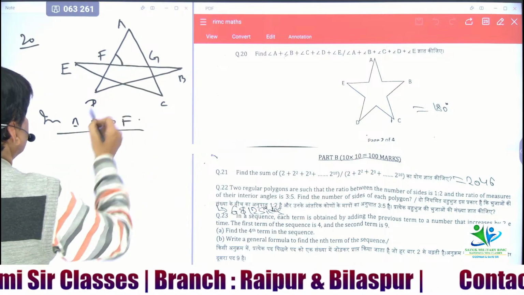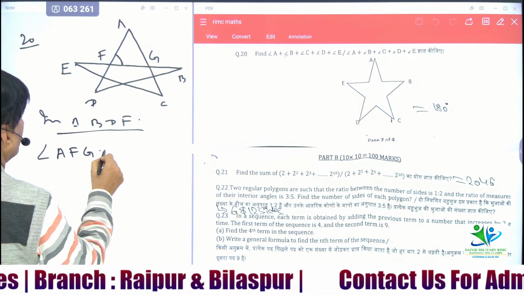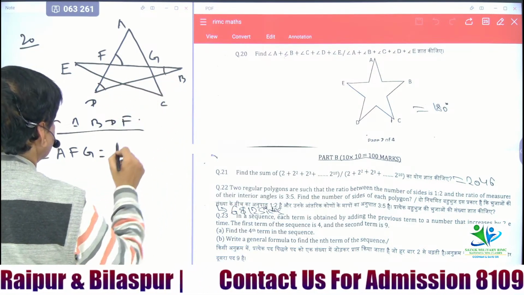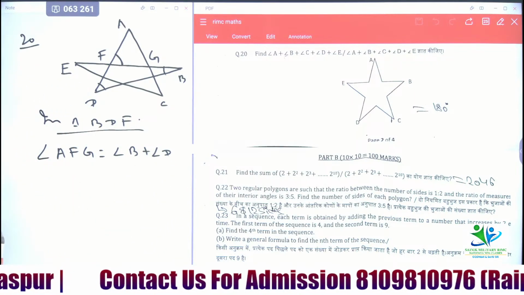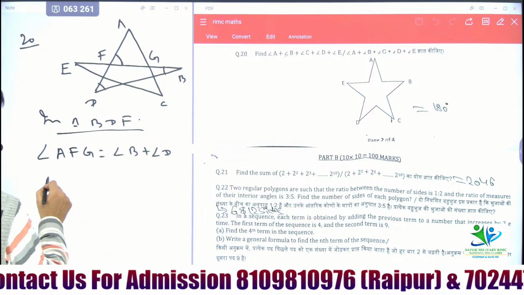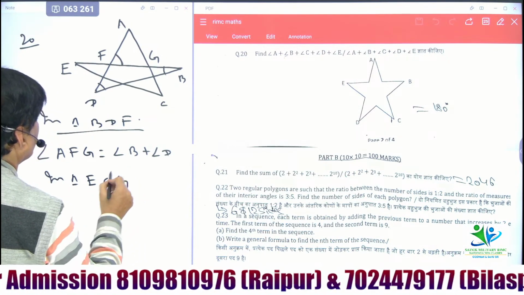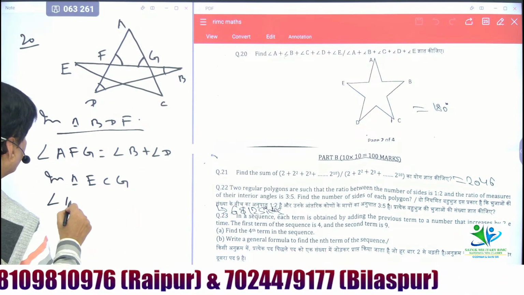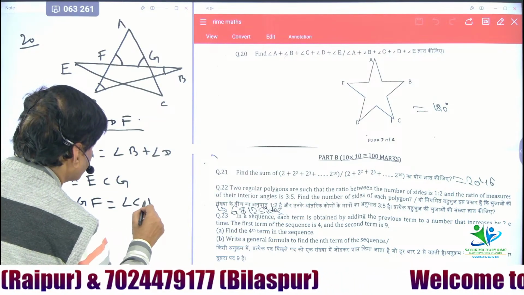This one is the exterior angle, and you can write angle AFG is equal to the sum of two interior angles, that is B plus D. Similarly, in triangle ECG, this one is the exterior angle, and angle AGF is equal to angle C plus angle E.